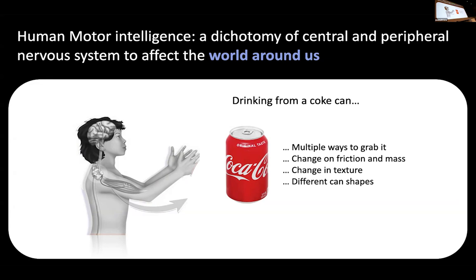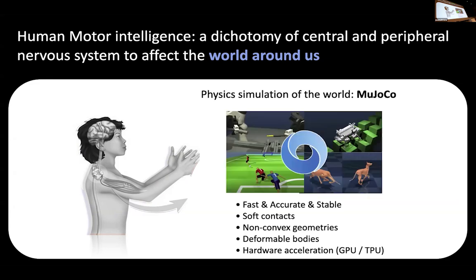One way to do that is to simulate them physically. We cannot record all the possible data, so we can simulate them. The advances in physics simulation led us to physics simulators like MyoSuite that allow us to do many of those things. MyoSuite has been designed for robotics with a sim-to-real mindset, where it can be fast, accurate, and scalable, but it also has the possibility of soft contacts, deformable objects, and hardware acceleration.